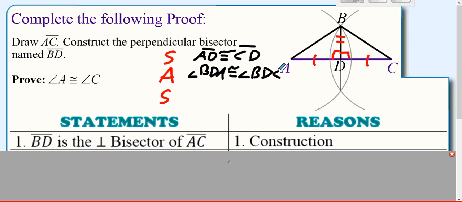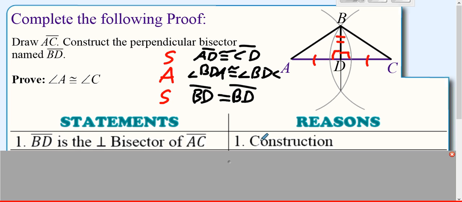And then we've got the reflexive side right here, BD, congruent to itself, BD. So there's our side, angle, and side. So that's what we're going to have to put into our proof with the reasons.